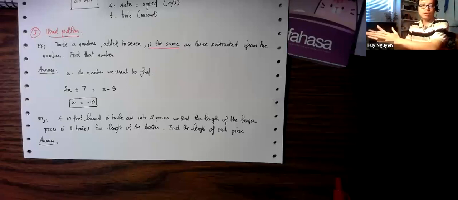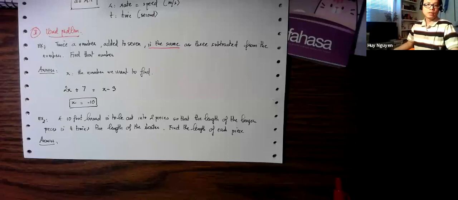One piece will be longer than the other, of course, because that's what they say: the longer piece is 4 times the length of the shorter. So after you cut, you have 2 pieces, shorter and longer. They ask you to find the length of each piece, so let me name the longer piece.